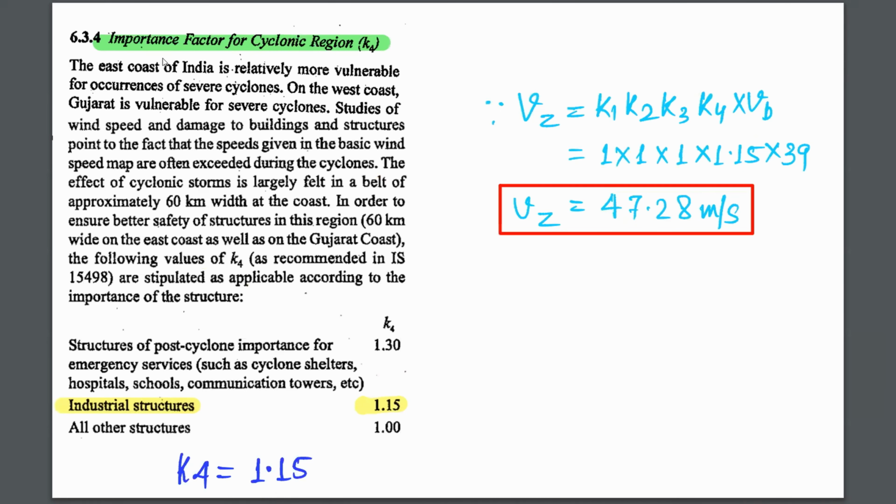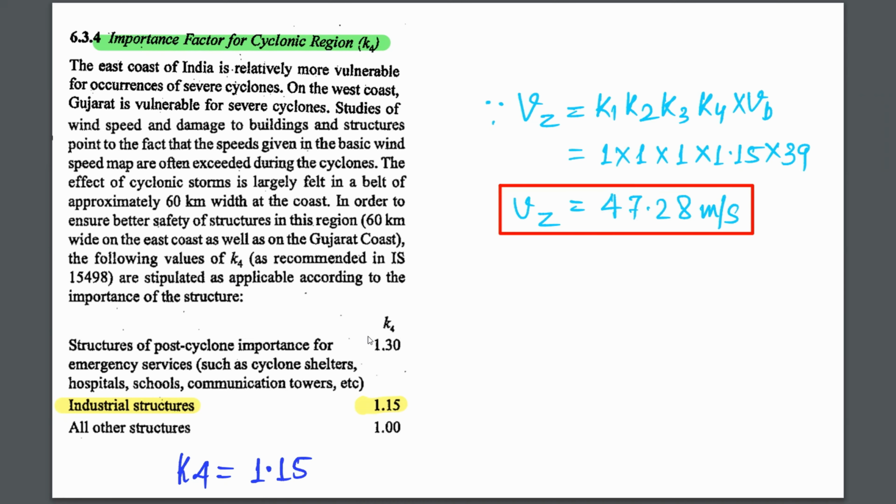Okay, so K4 is basically importance factor for cyclonic region. If the structure lies within 60 kilometer of the coastline, okay, then you have to put the value of K4 as 1.30.